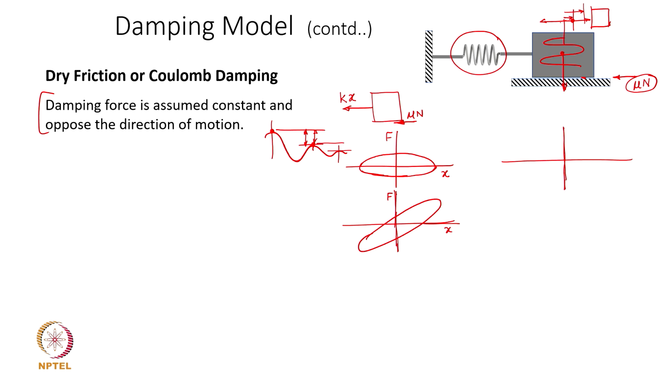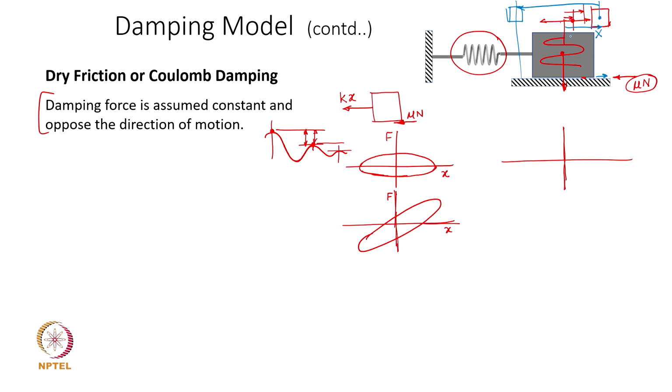And therefore, let us look at how this graph will turn out for a Coulomb damping case. Now, just assume that this mass has been pulled out through a distance equal to capital X, and then released. When it gets released, the travel of this mass from the rightmost extreme to the leftmost extreme would have the friction force opposing that motion.